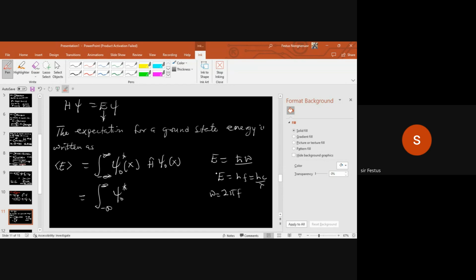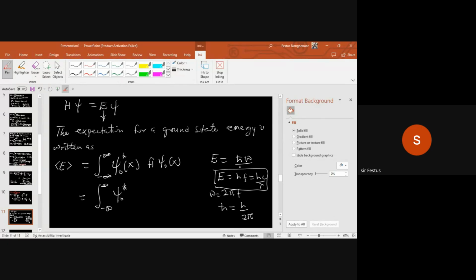Then H bar is equal to h on 2 pi. So when we substitute these into E equals hf, we'll get H bar nu. Because this is what we are familiar with, we know that this is the energy of the photon.